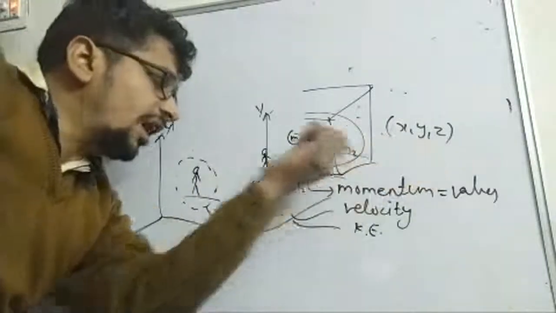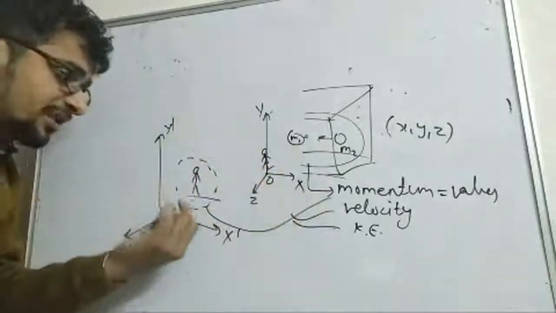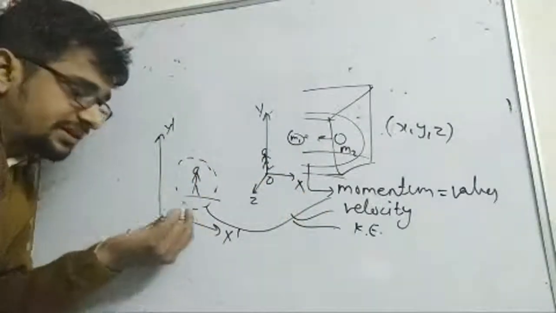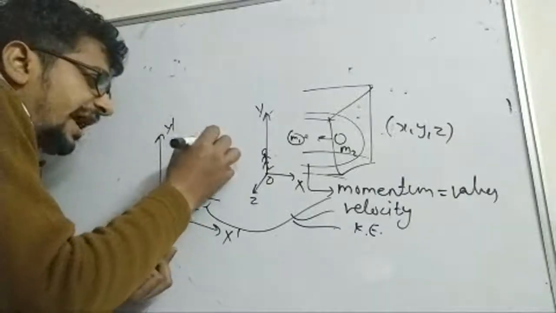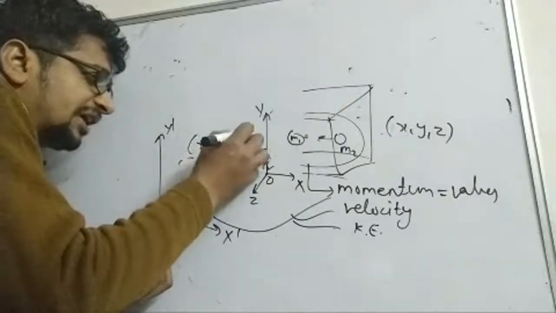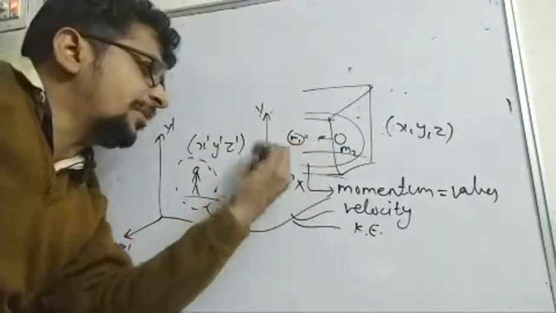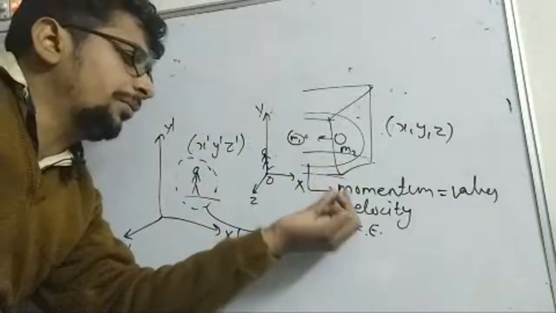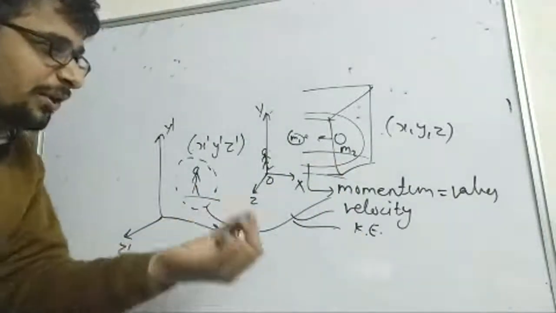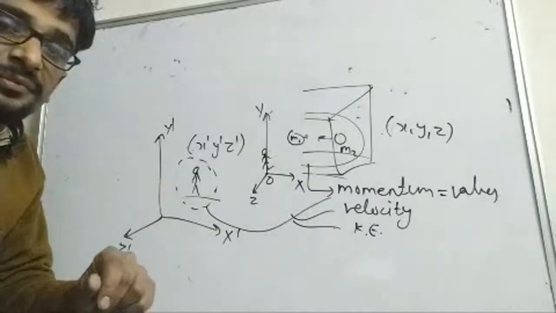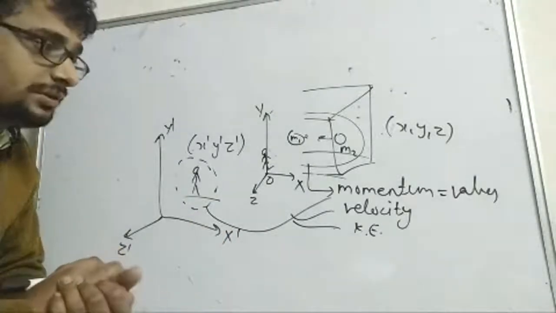These coordinates are for the observer inside the room, and the person outside the room has the coordinate system x dash, y dash, and z dash, corresponding to the same physical quantities: momentum, velocity, and kinetic energy. Got my point or not? Please reply.